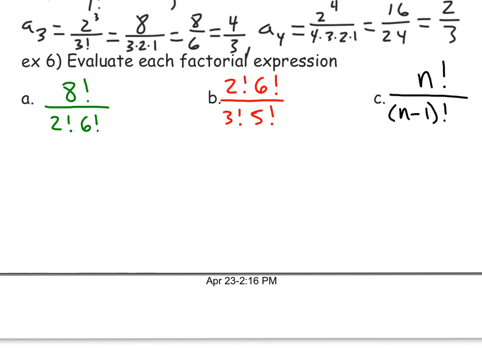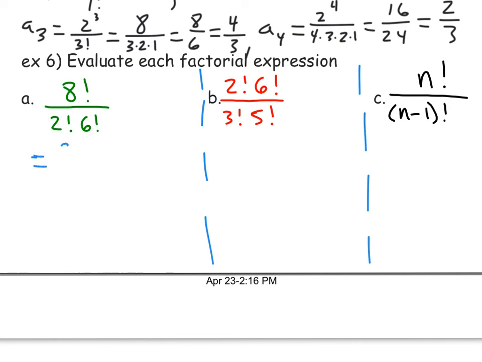I want to show you a few other expressions with factorials that we should be able to simplify. I want to show you how I do this. Because these could get really crazy to write out, and we don't necessarily want to do that. So what I would do is this. On the top, I'm going to rewrite that a little.